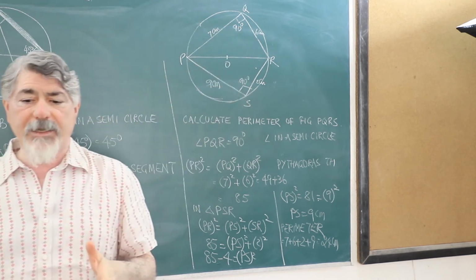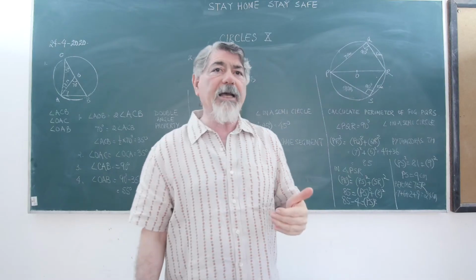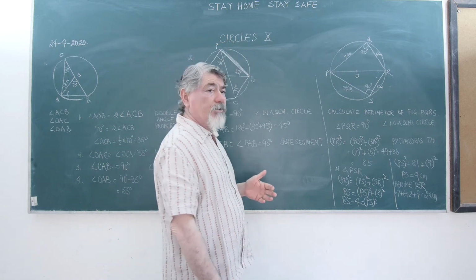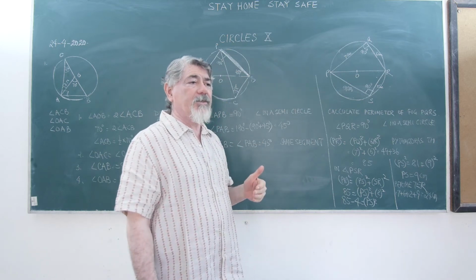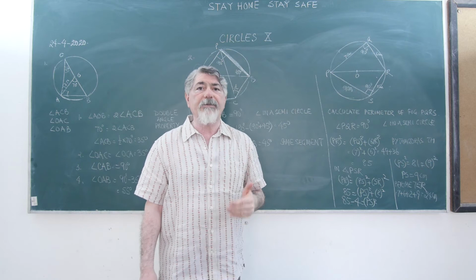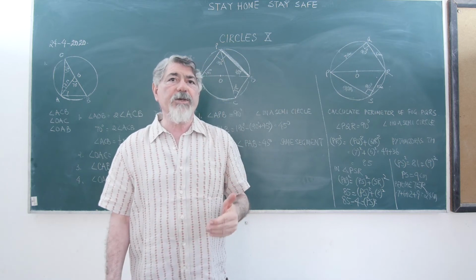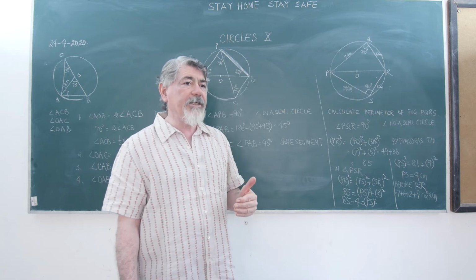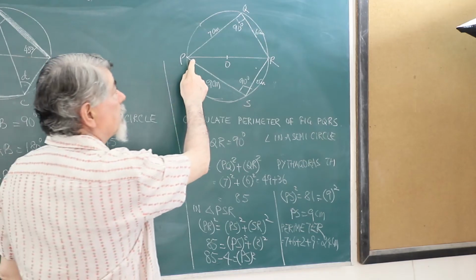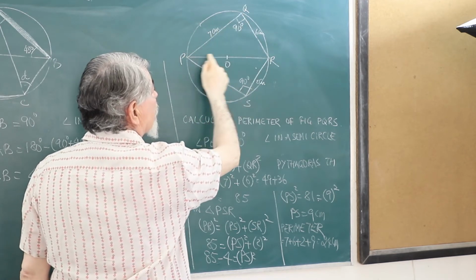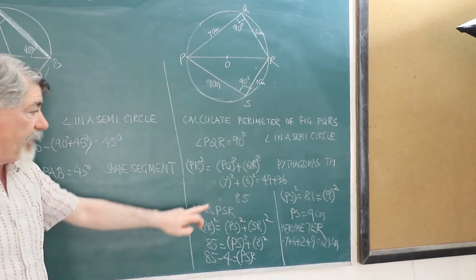And when the triangles are right angle triangles, we can apply the property of Pythagoras theorem. And what is Pythagoras theorem? In a right angle triangle, the square described on the hypotenuse is equal to the sum of the squares described on the remaining two sides. By applying Pythagoras theorem to triangle PQR, I calculated PR square to be 85.